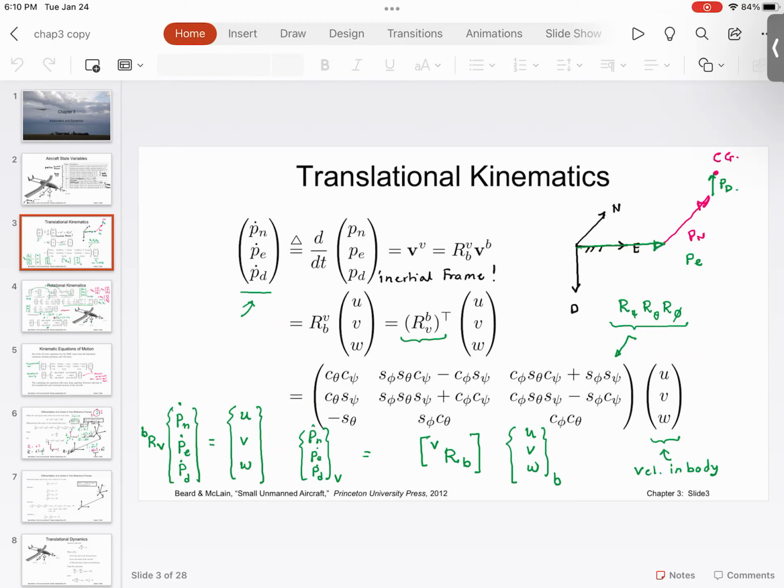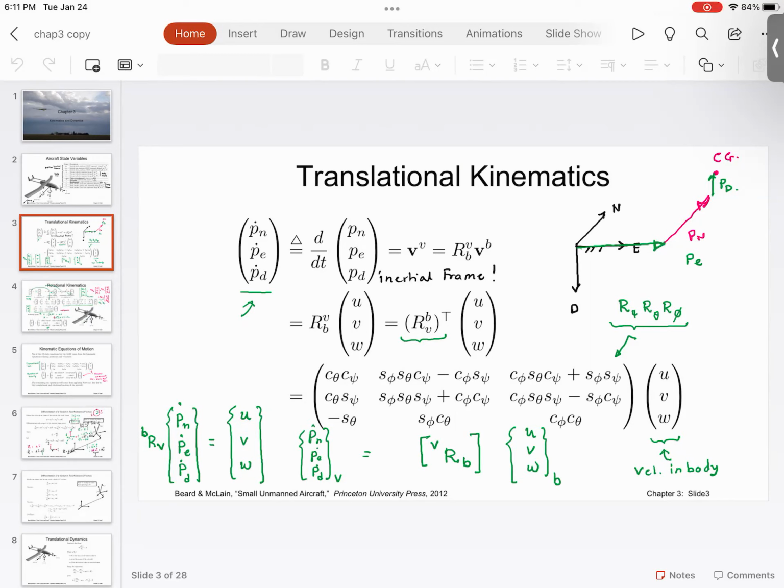This transformation contains the transformation that takes you from vehicle to vehicle 1, vehicle 1 to vehicle 2, vehicle 2 to body, and now you have the velocities in the body frame. So you have 3 rotations combined in that rotation transformation matrix.